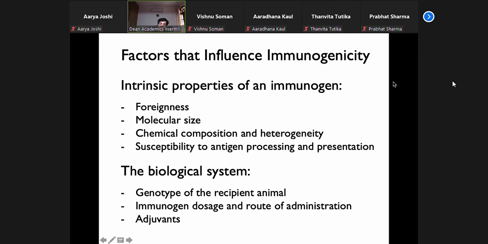So your antigen has to be susceptible to antigen processing and presentation. These are the intrinsic properties of an immunogen.